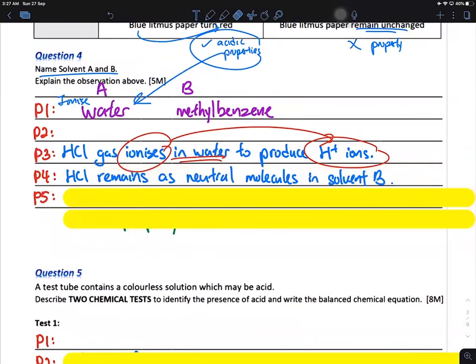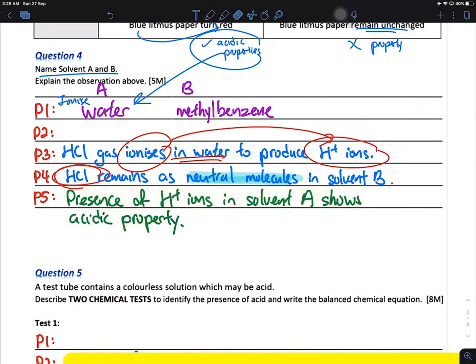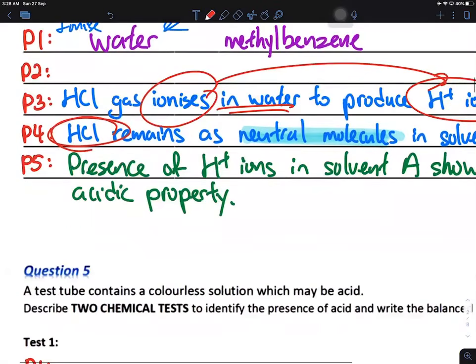In the solvent B, HCl, your hydrogen chloride, remains as neutral molecule. That means it cannot ionize. When it cannot ionize, then what happens? No hydrogen ion.